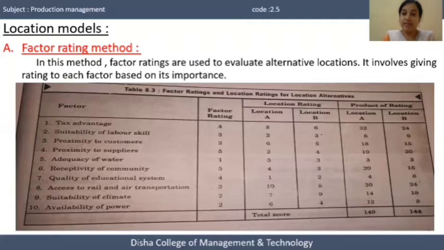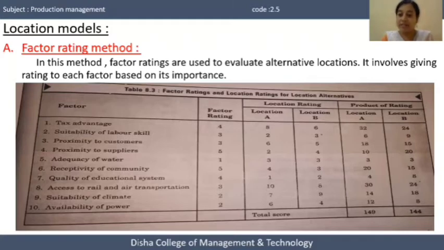So likewise, he calculates the total factor ratings. He multiplies the factor rating with the locational rating, and he can calculate different product ratings of location A and location B.